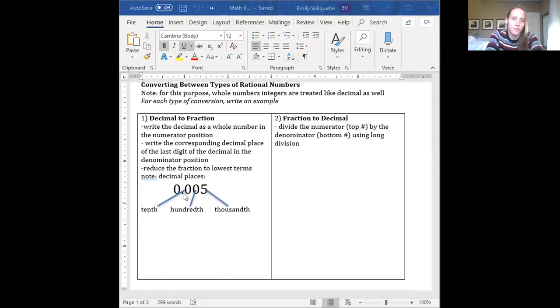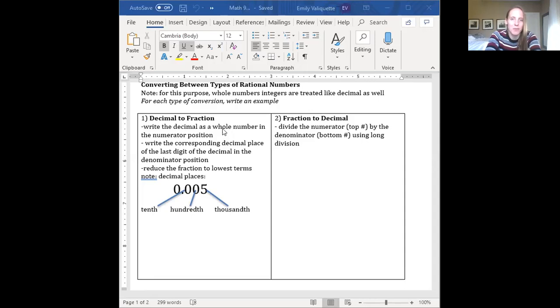So the first place after the decimal is the tenth, the next one is the hundredth, the next one is the thousandth. What we're going to do is write this decimal as a whole number in the numerator position. Then we're going to write the corresponding decimal place of the last part of our decimal number in the denominator position, and then reduce the fraction to lowest terms.